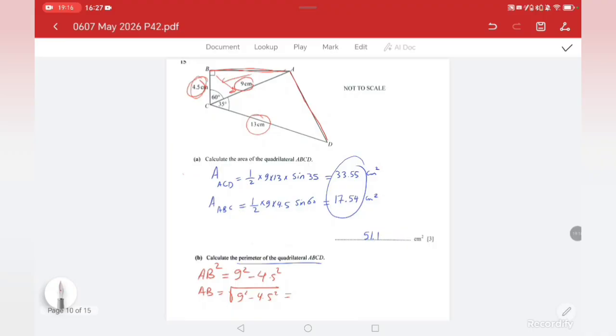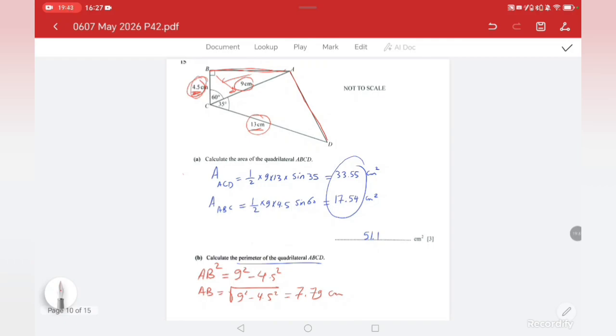Let's do it. 81 minus 4.5 squared, and then the square root of the answer. So this one should be 7.79 centimeters. Numbers here, as you see, are rounded to 4.5, so 7.8 is fine.